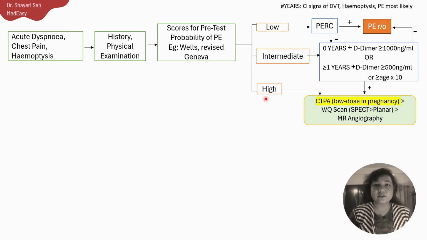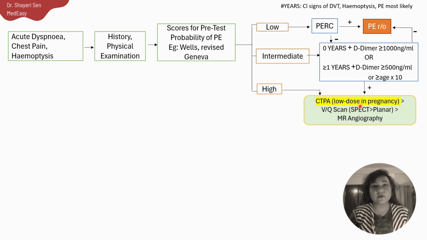Also, if the patient has a high probability in the pre-test probability scores, then we do not waste time on the YEARS algorithm. We directly go for the definitive testing, which is the CTPA. CTPA is the investigation of choice, a CT pulmonary angiogram. And note this, that this guideline mentions that even in pregnancy, we can use a low dose CTPA.